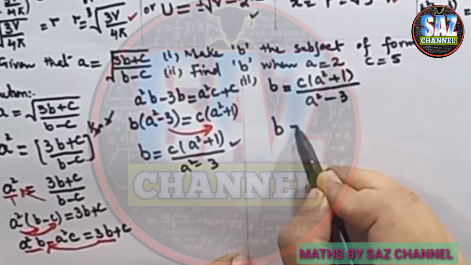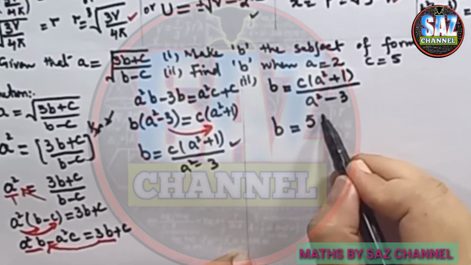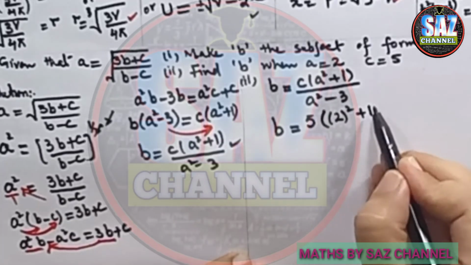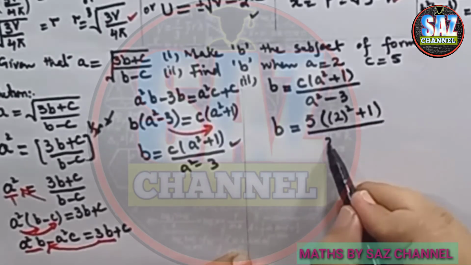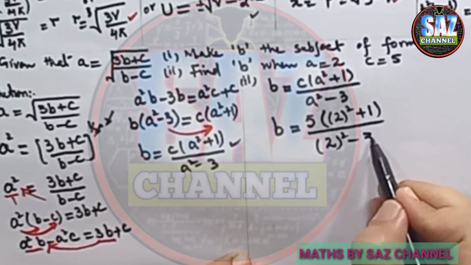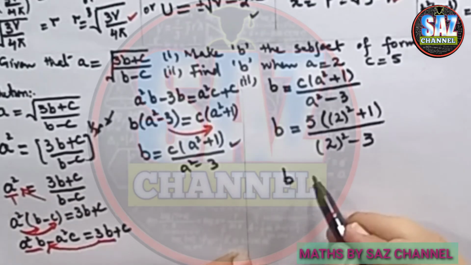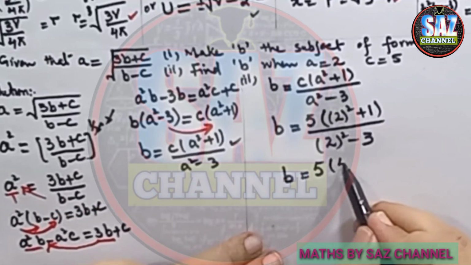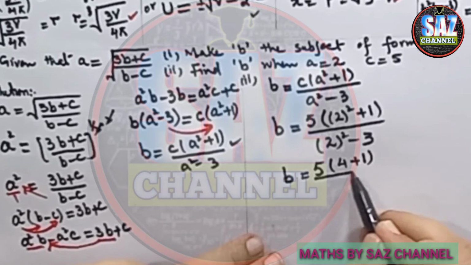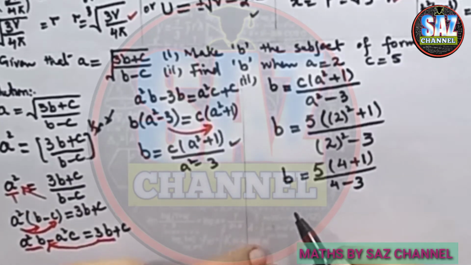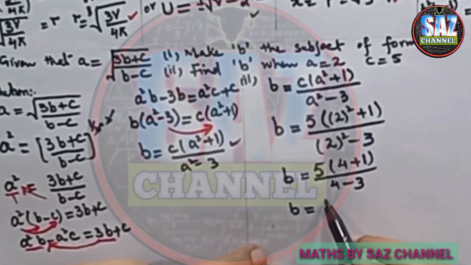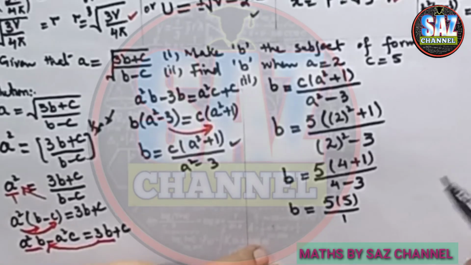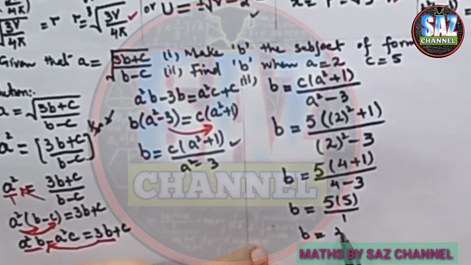The equation will take the form b equals c is 5, and a is 2, so I have to take the square of that, plus 1, upon 2 square minus 3. Next step is b equals 5 into (2 square is 4, plus 1) upon (4 minus 3). So the equation will take the form b equals 5 into 5 upon 4 minus 3, which is 1. So the value of b will be 25.